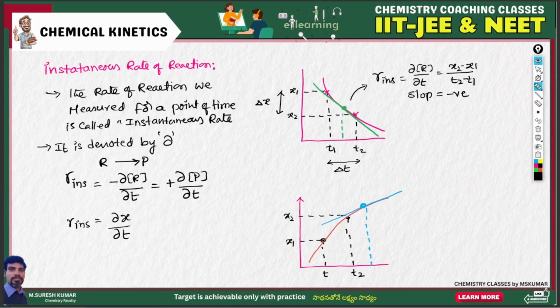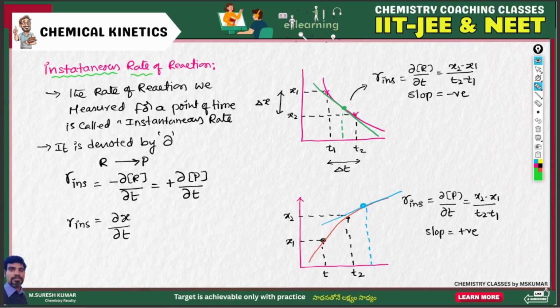Then the rate of reaction is said to be the instantaneous rate, R_ins, equal to change in concentration of product dou P by dou t, equal to x2 minus x1 by t2 minus t1. Okay? But here the slope we got is positive. This is the information regarding average rate of reaction as well as instantaneous rate of reaction.